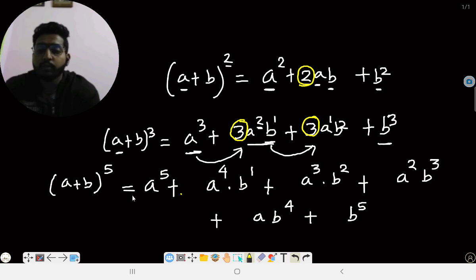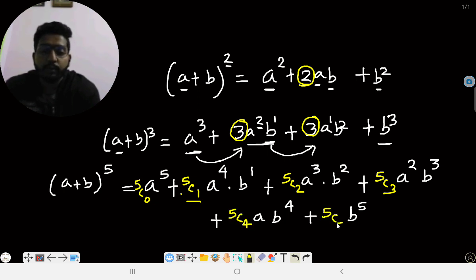Look at the highest power, 5, so the coefficients will be 5c0 first, it will start from 5c0, but something c0 is 1, that's why you don't need to write it. Next one is 5c1, then 5c2, 5c3, 5c4, 5c5, like this.